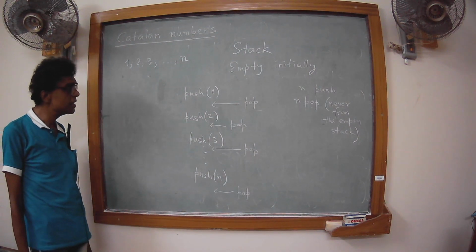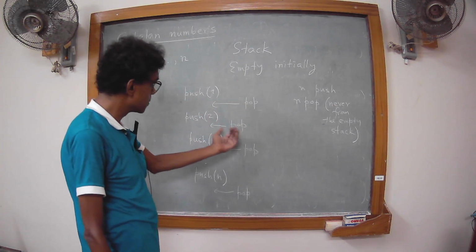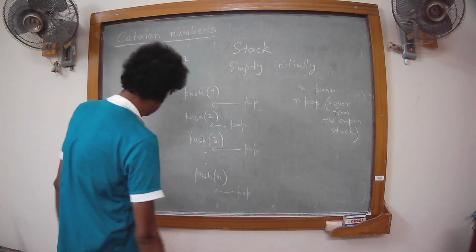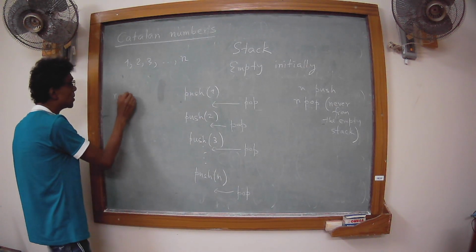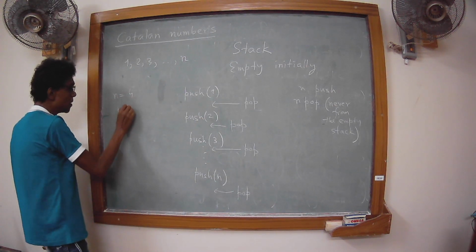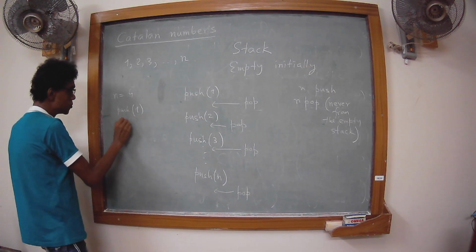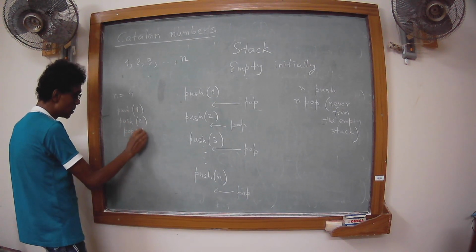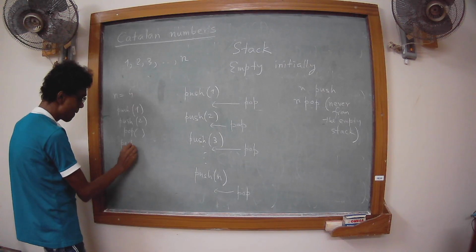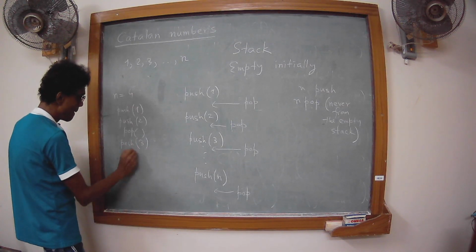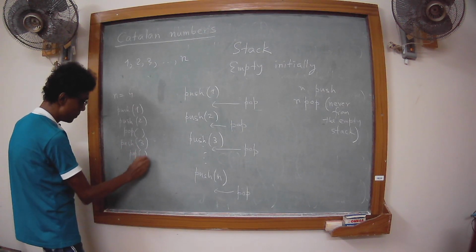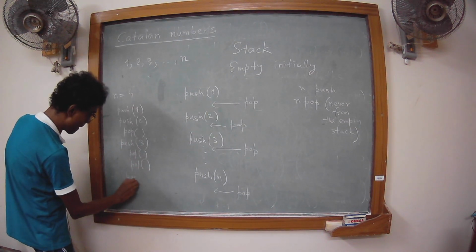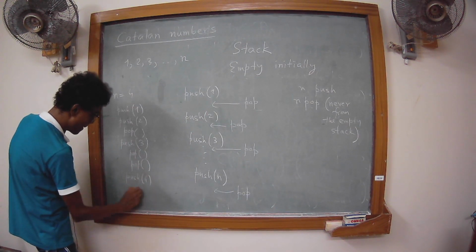Now, you just print whatever you pop in the sequence. For example, if n is 4, push 1, push 2, pop, push 3, pop, pop, push 4, pop.